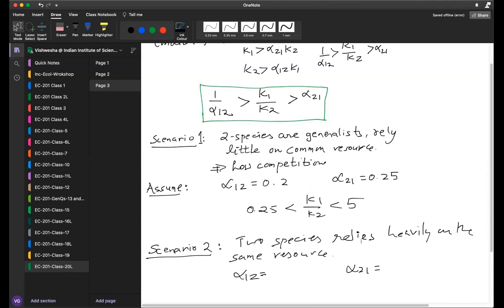Yeah, I guess there might be some scenarios where what you're saying is true. Maybe one individual of the other species takes so much of your resource that it has a much more impact on you than your own type. That's feasible, okay.